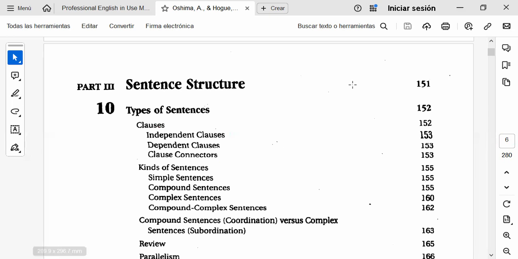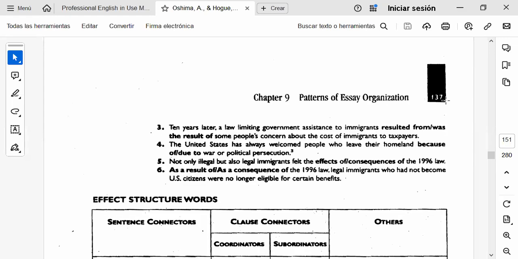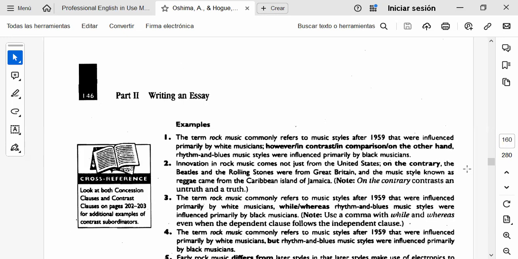Let's move on. Here, I'm going to write not this number, because if I put this, I will go to another place. Okay, I will go because it's not the same. You can look here. This is the page I get from 151. 137, no? That's the problem. So I write here 160. Okay, 30 more pages.